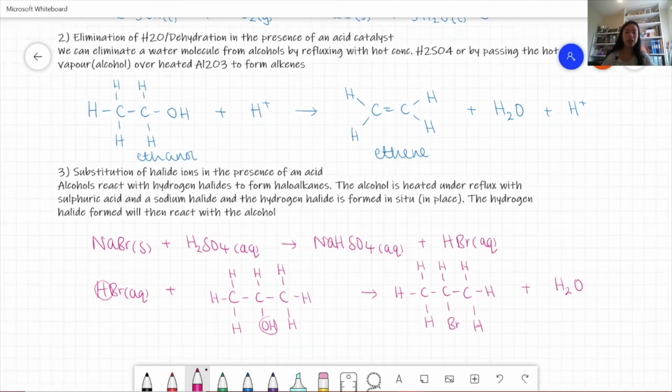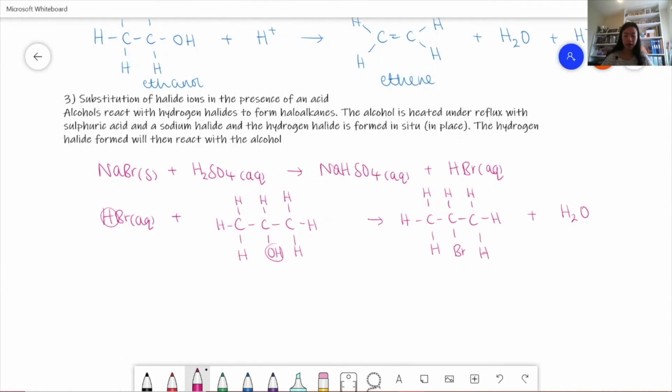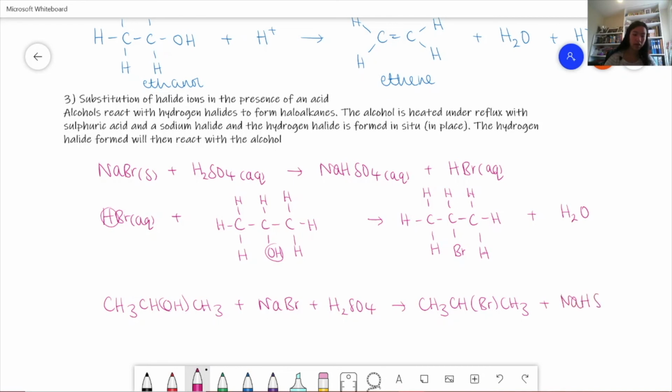And so the overall equation for this reaction is that we have CH3, CH, OH, CH3 plus NaBr plus H2SO4, and this goes to form this 2-bromopropane, and also sodium hydrogen sulfate and water.